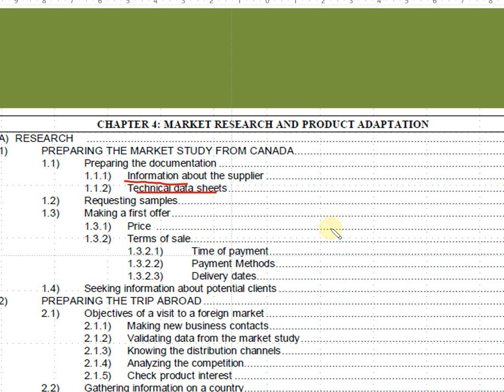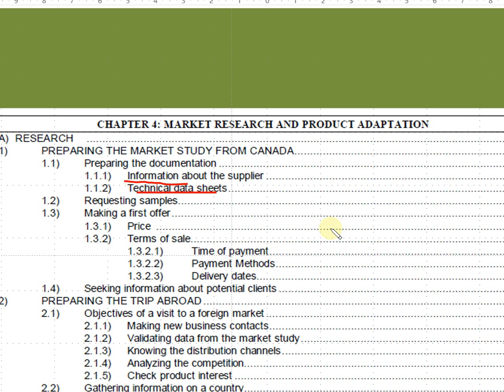Okay, so once you plan your trip abroad, you need to arrange the object of the visit to a foreign market, okay? Where we will go. Once you go to some country, in advance you need the preparation for the information of the market, the market which is related to your business, and also the potential client there, who is a key man or key person, or you will ask some other trading house up there to connect between you and your client.